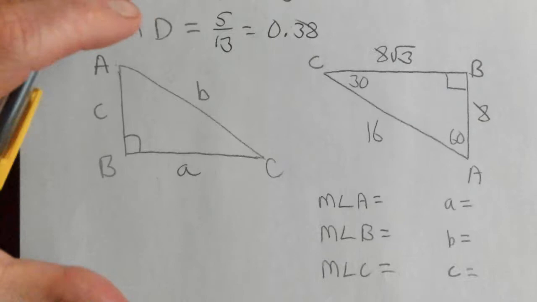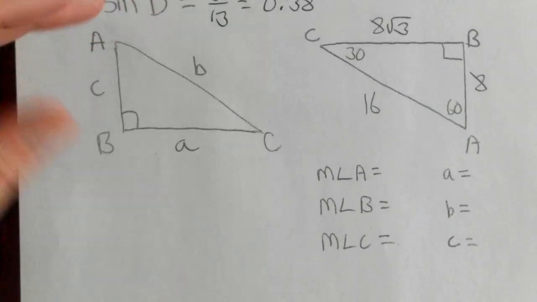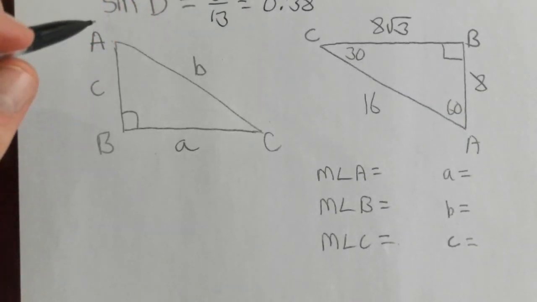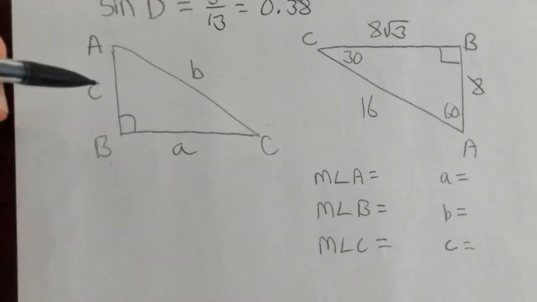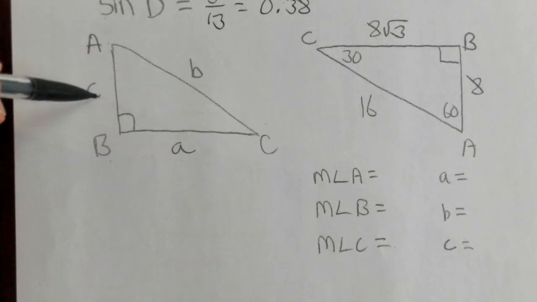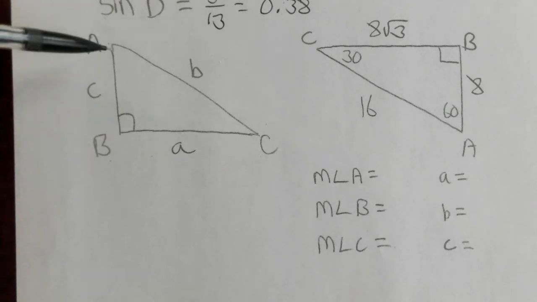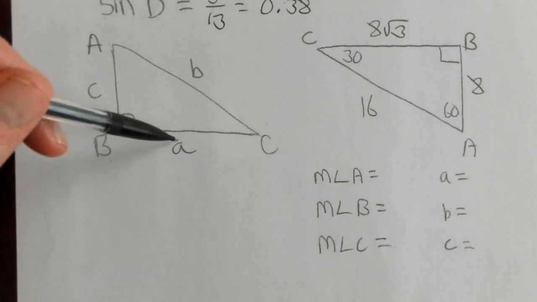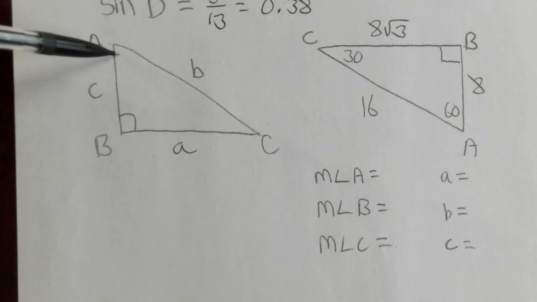Okay. Here's something else I want to point out to you and keep in mind. Remember, when we're talking about angle A, B, and C, right triangles also have a side A, a side B, and a side C. And the thing to remember is side A is across from angle A. All right?